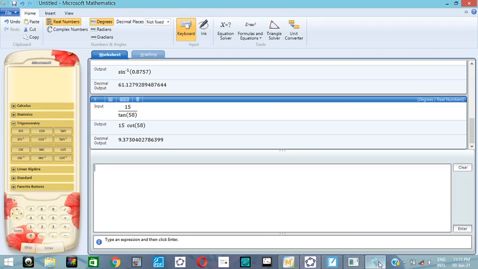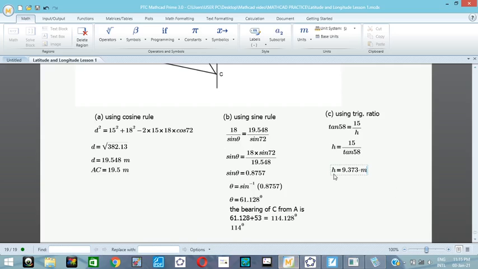Let me check it again. 9.737, correct. Since we are going to three significant figures, h is going to be equal to 9.37 meter. So this is the end of the question.